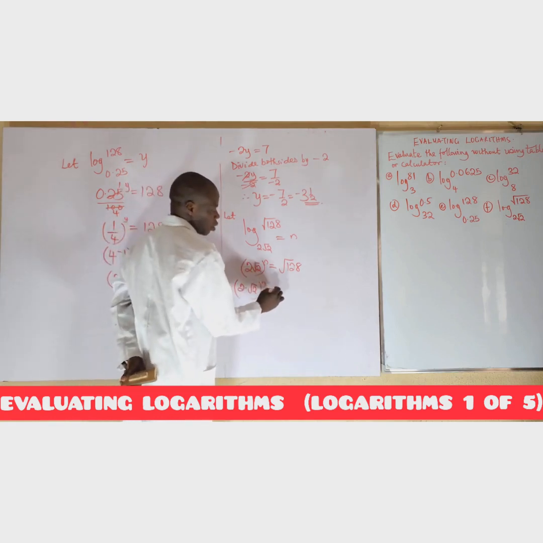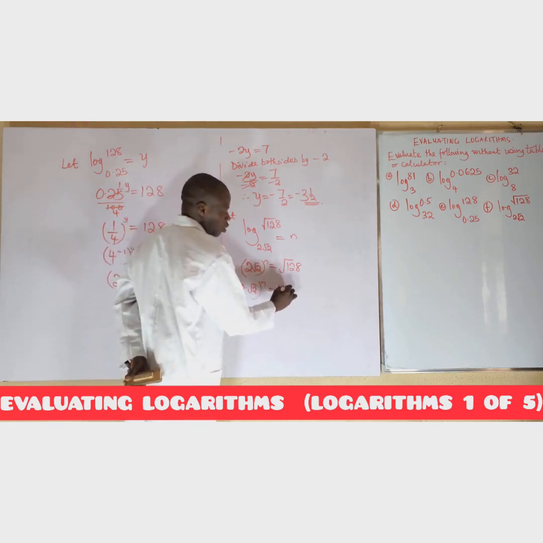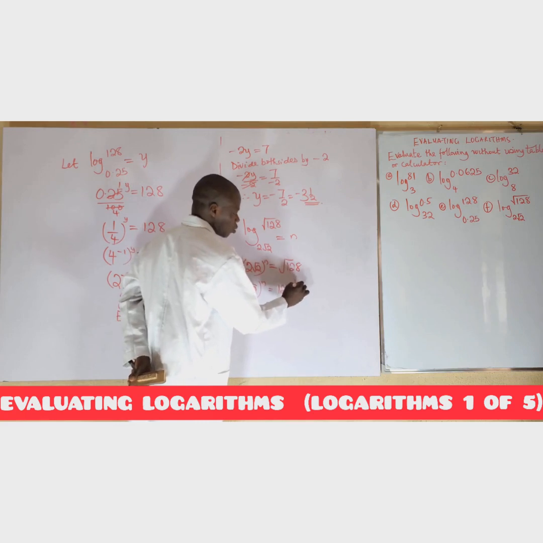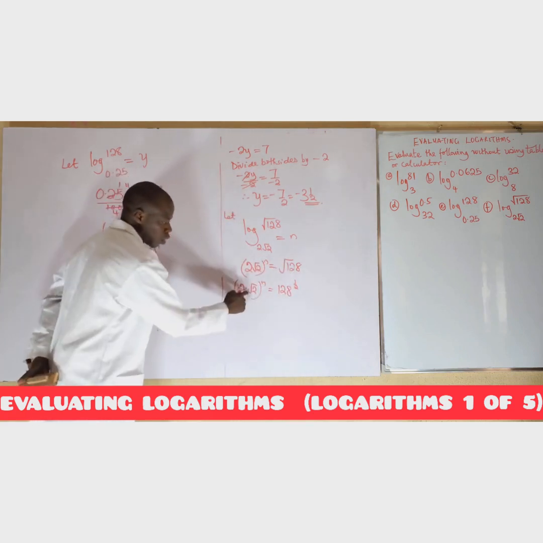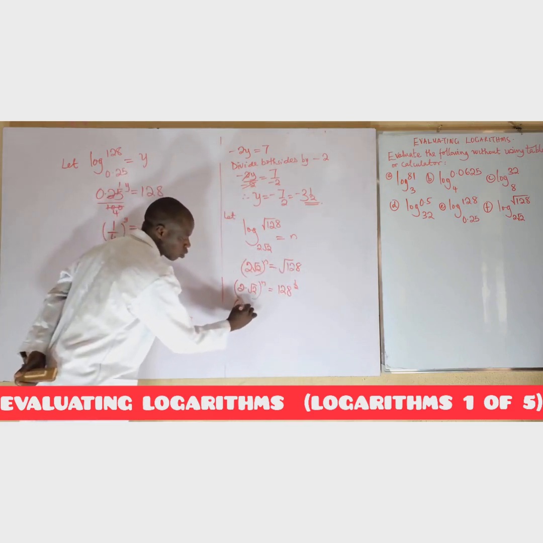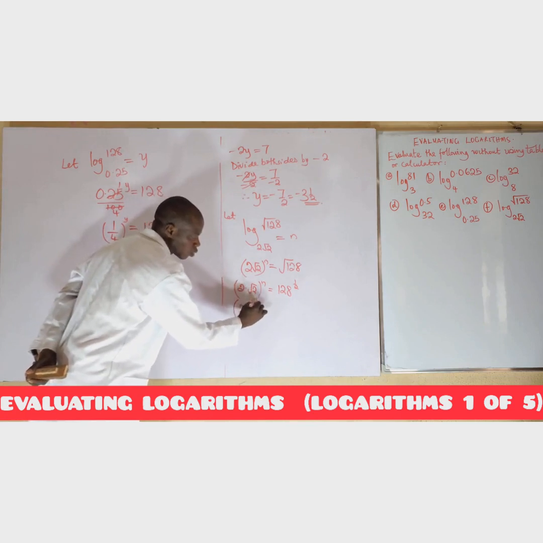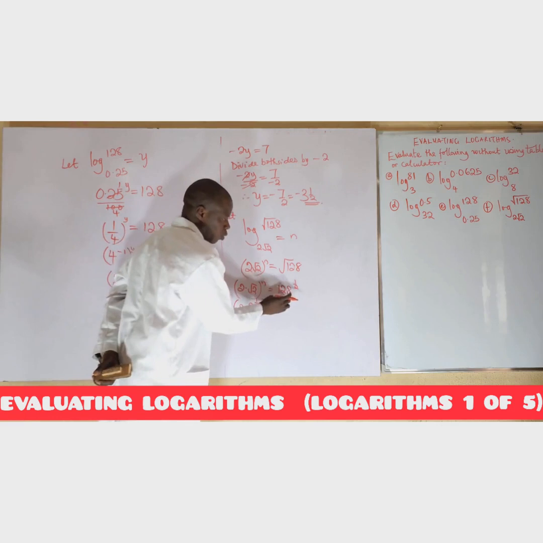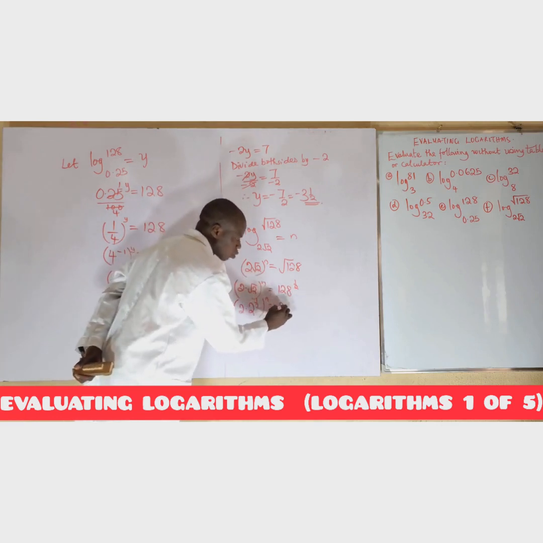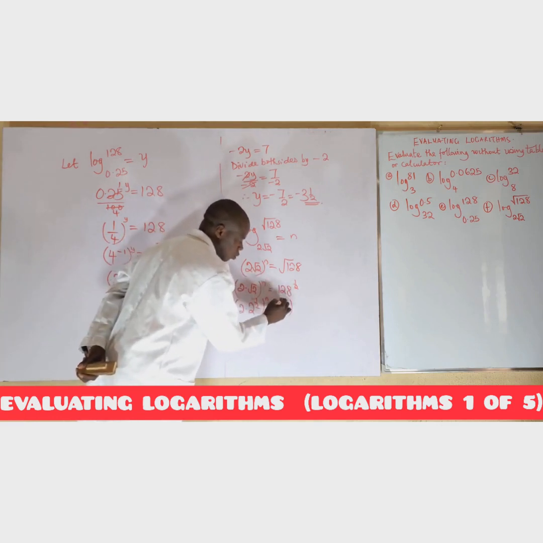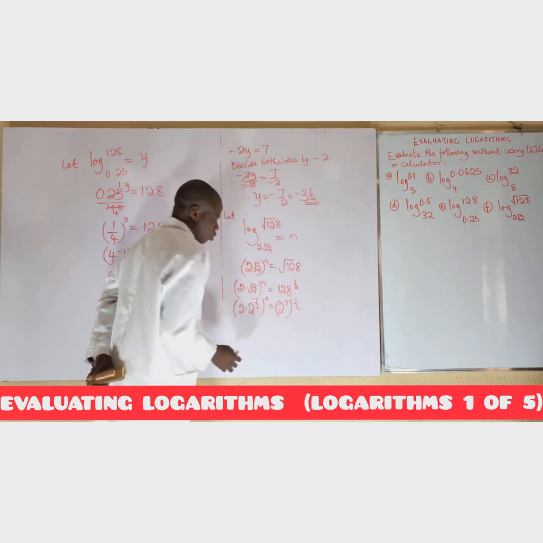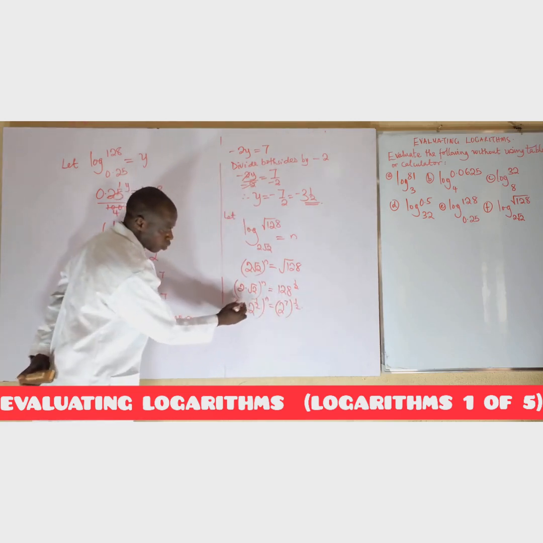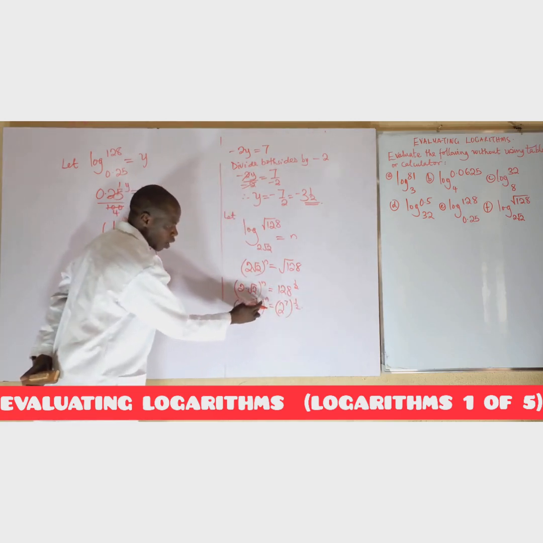And this is 128 raised to power 1 over 2. So you're having here 2 dot 2 to the 1 over 2 raised to power n will be equal to, when you simplify this, 2 raised to power 7 raised to power 1 over 2. So from here, this is 2 raised to power 1 and a half.